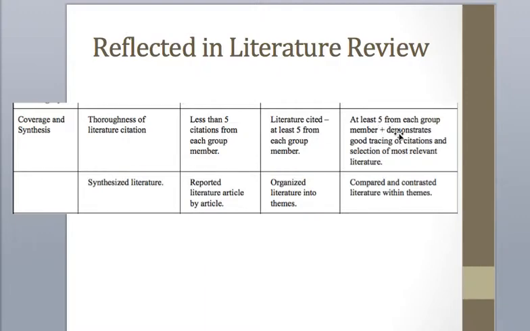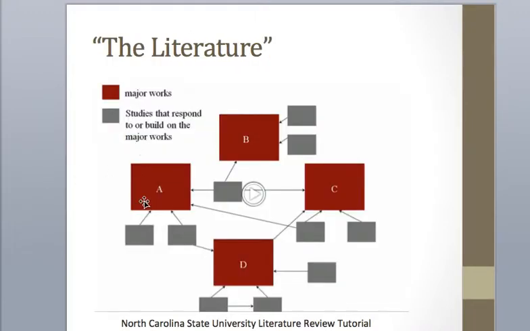So that's what we really mean here when we say demonstrates good tracing of citation and selection of most relevant literature. So going back to this picture here, good tracing means you took this article and you found this article, and you used this article and you found this article.